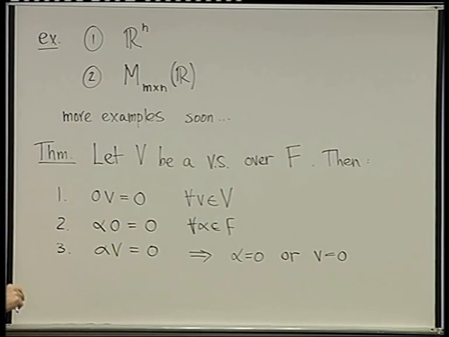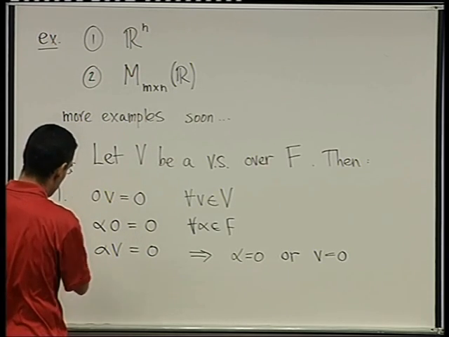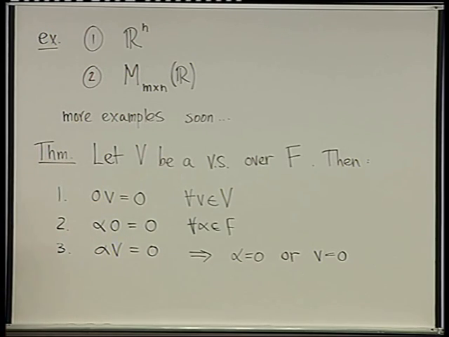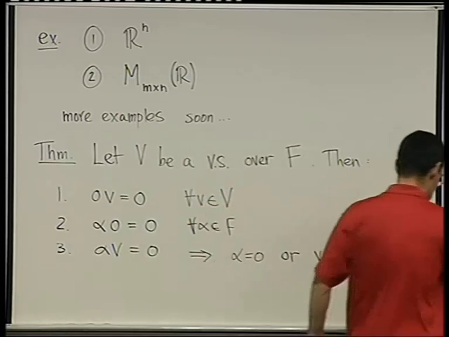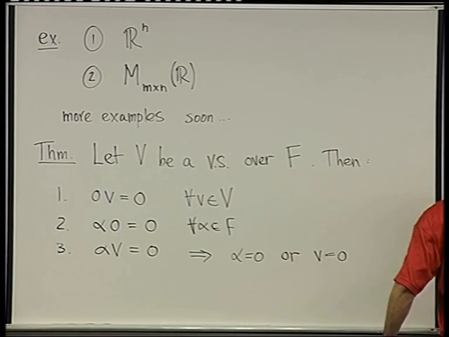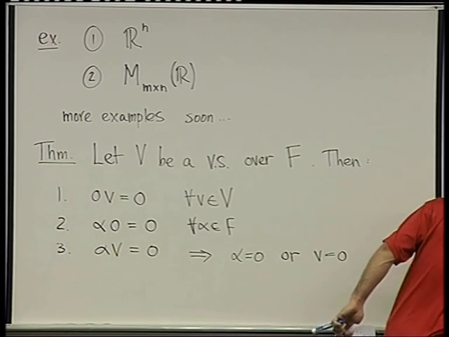Good? Okay, let's prove. I'm not going to prove all of them. Maybe I'll leave one for you to prove on your own, and I'll do 2 and 3, just so you get the idea.